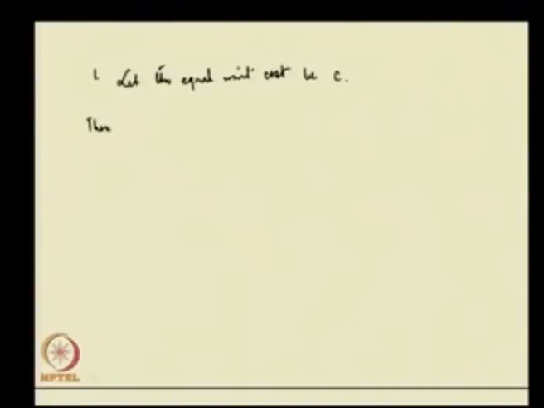Then the Nash equilibrium is unique. It is C. That is, both the firms will charge the same price, which is equal to small c.